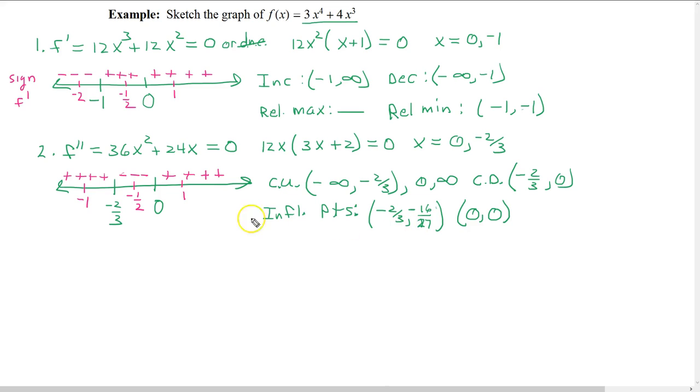Now let's take a look at any end behavior and x and y intercepts. Now, the end behavior for this polynomial, since this is a 4th degree polynomial, we see that the limit as x approaches positive infinity of our function is going to be positive infinity, because this is a 4th degree polynomial with a positive leading coefficient, and also the limit as x approaches negative infinity of f of x is going to be positive infinity as well.